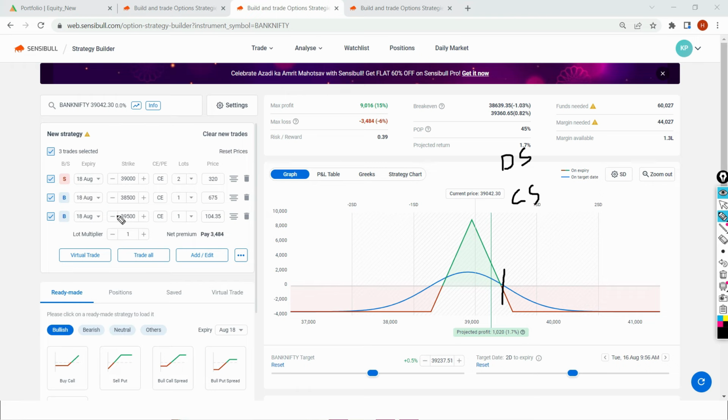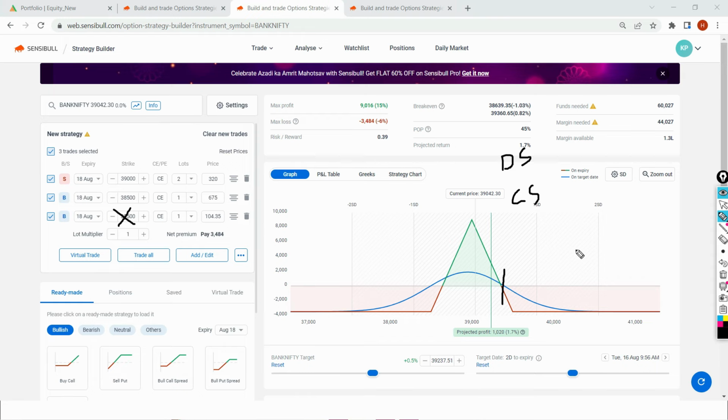You exit this 39,500 and you go for 39,600 or 39,700 based on where your market starts. If I said directly 39,700, people will jump on. It depends. Adjustments and shiftings all depend on whether you're on Monday, Tuesday, Wednesday or Thursday. So you slowly, gradually do that. Exit this profit, go for 39,600. The moment you do this, you should not be leaving this leg.